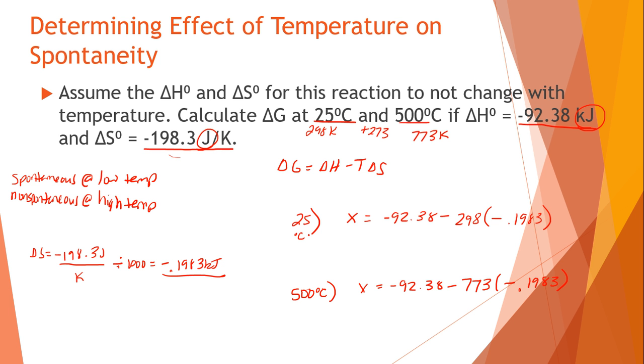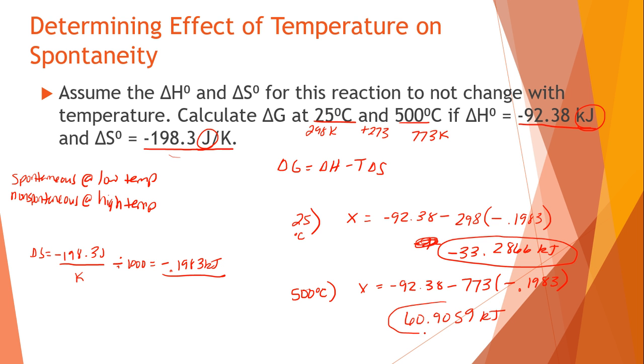So for 25 degrees Celsius, if you follow your order of operations, multiply, then subtract, and you get negative 33.2866 kilojoules. Down here below, multiply first and then subtract. You get 60.9059 kilojoules.